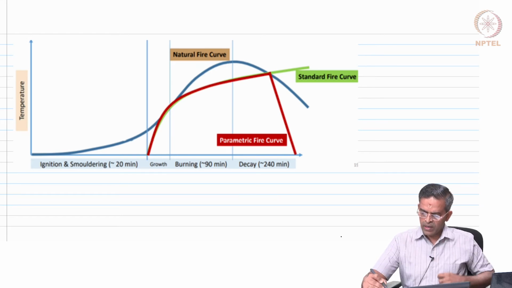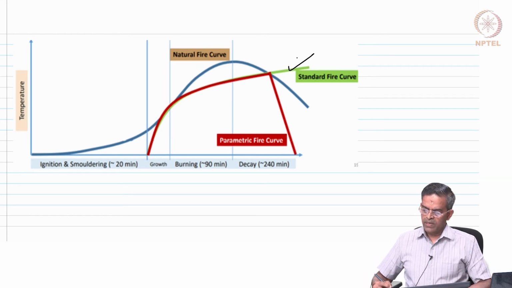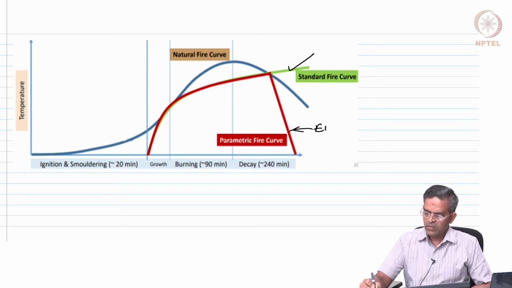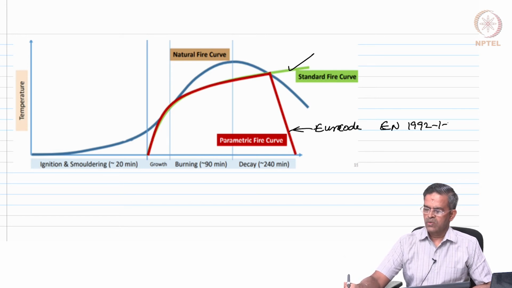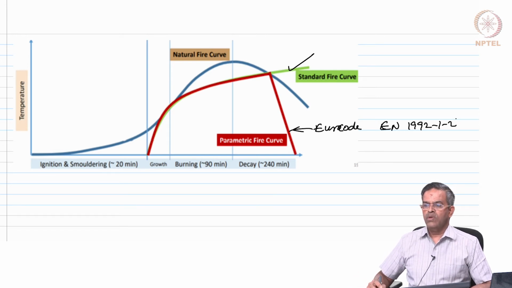The standard fire curve closes here, whereas the parametric fire curve, which is indicated in Eurocode EN 1992-1-2, indicates a cooling phase for a short period. Okay.